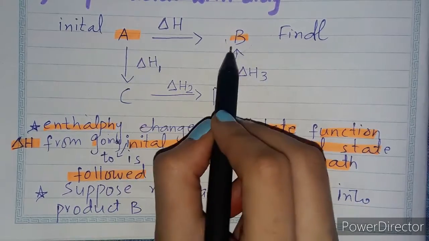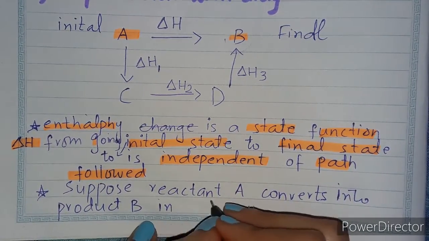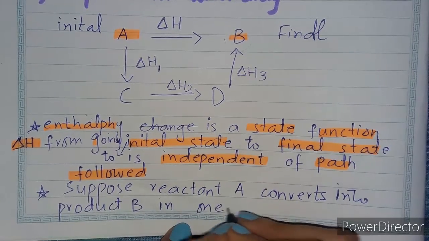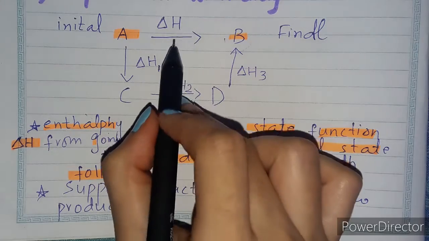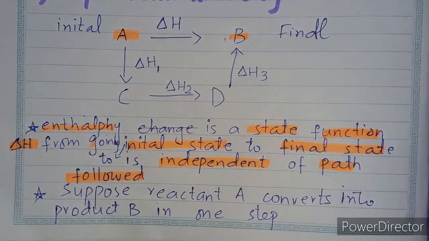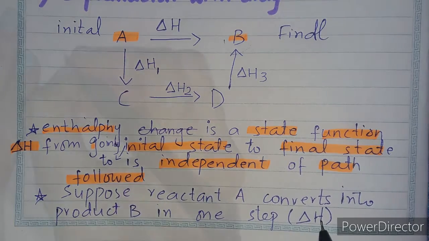You can see A to B is in one step. So the enthalpy of formation is included here. In this case we have the enthalpy change del H.